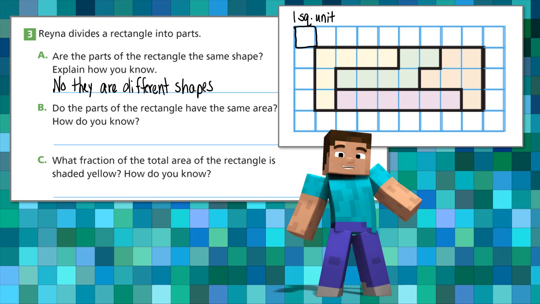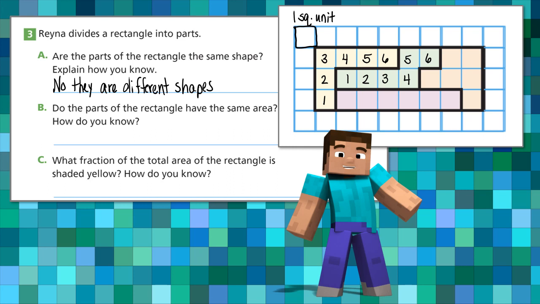So let's take a look. We'll start with the yellow shape and let's count how many square units are in that shape. Well, this one has 1, 2, 3, 4, 5, 6 square units. I'm going to look at my green shape. It has 1, 2, 3, 4, 5, 6 square units also.